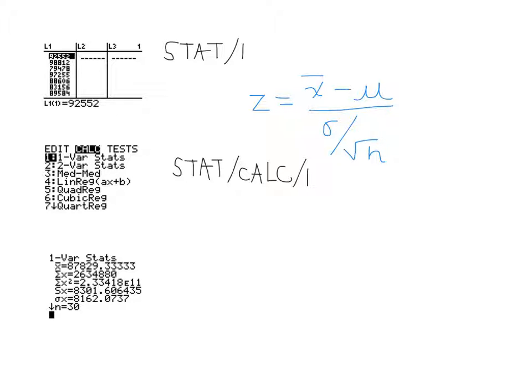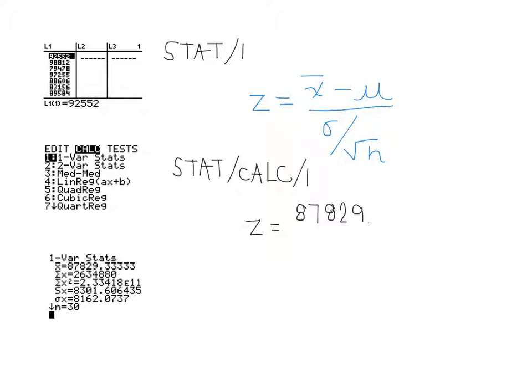So clearly my sample average is $87,829.33. So in calculating my z-score, my x bar is $87,829.33.